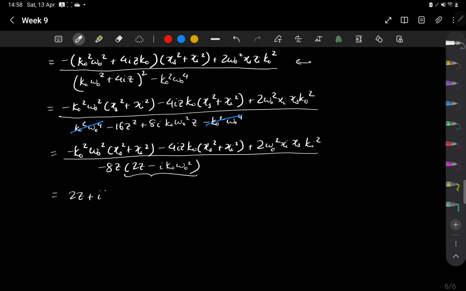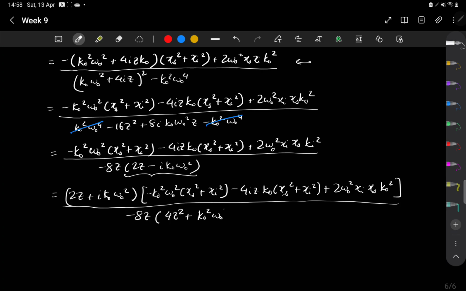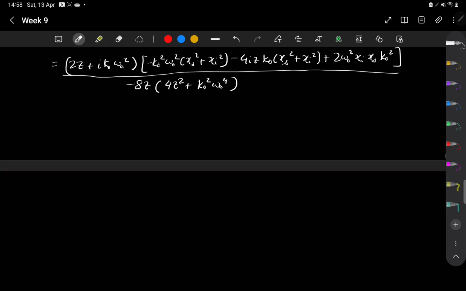So the complex conjugate is the following. And this times the complex conjugate makes it 4z squared plus k naught squared omega naught 4. Okay.